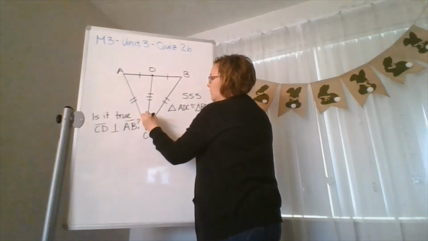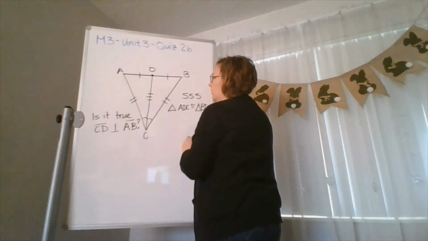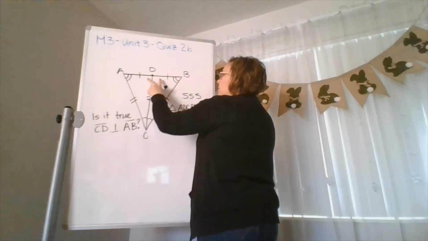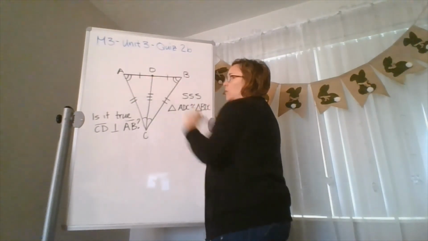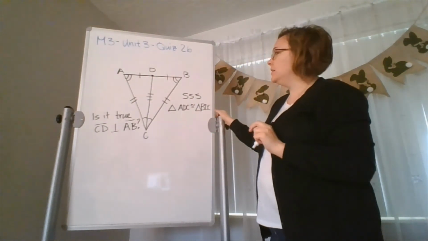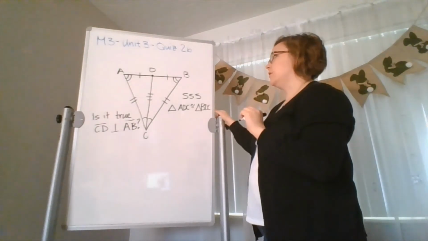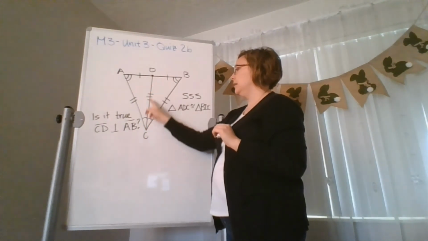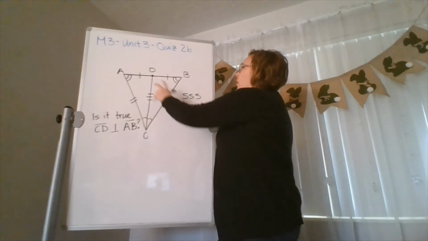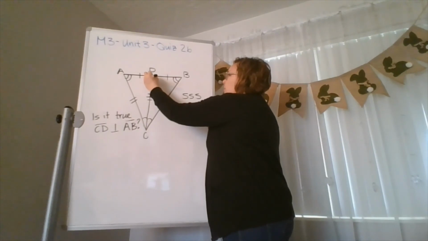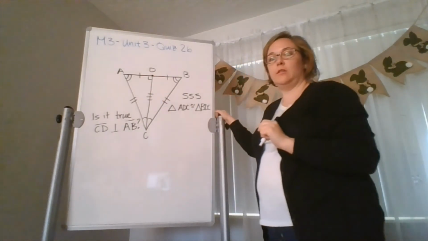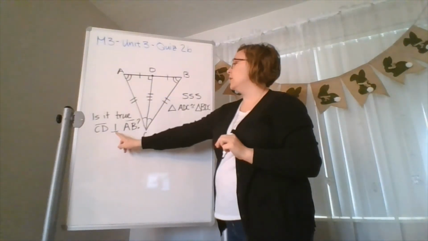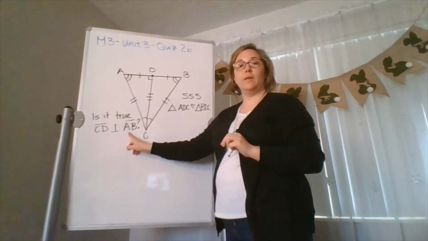So this angle is congruent to that angle. These two angles are congruent, and that would mean that these two are also congruent angles. And since, well, let's backtrack. Since these two are congruent, this line is an angle bisector. It also splits that in half, so it is a perpendicular bisector. So therefore, CD is perpendicular to AB.